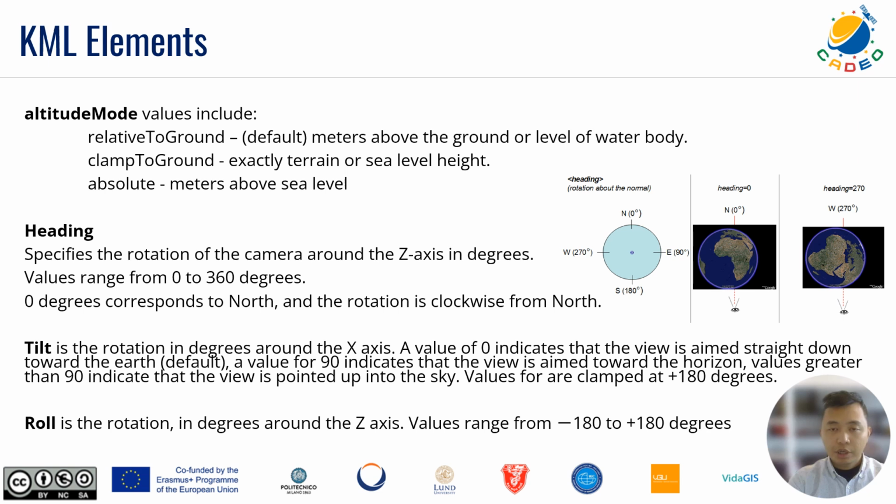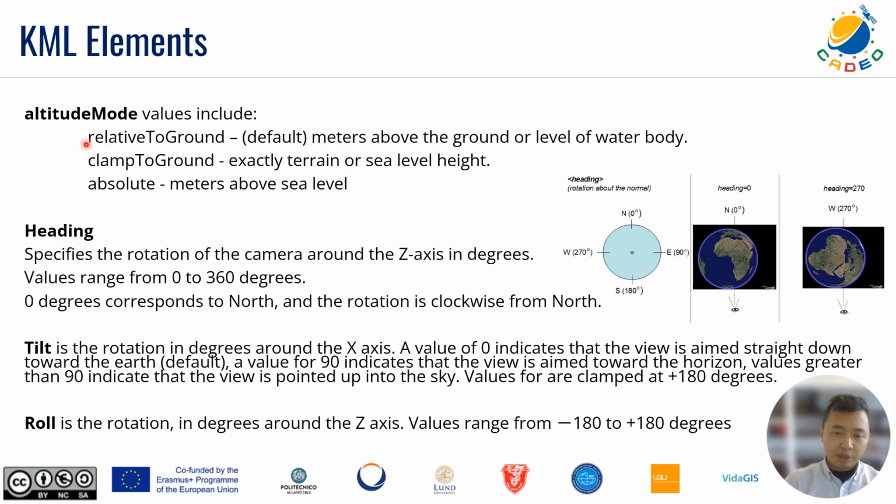We have just discussed altitude and altitude mode. Now we take a look into the different options of the altitude mode we can have. By default, when we input any value in the altitude element, that is the height in meters above the ground or the level of the water body at that point.